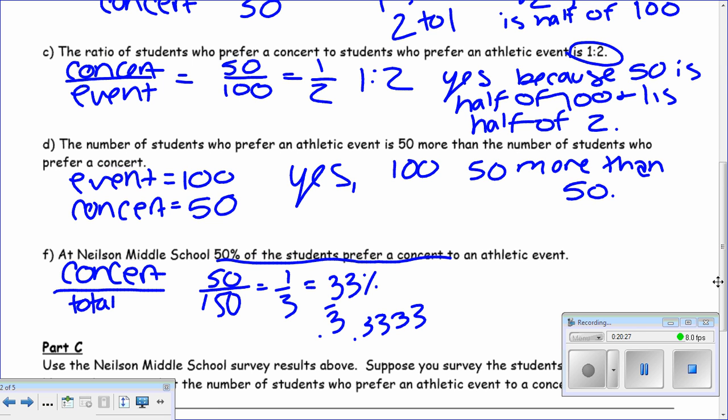So if I move my decimal 2 places, I would get 33%. Well, is that 50% like they asked in the question?